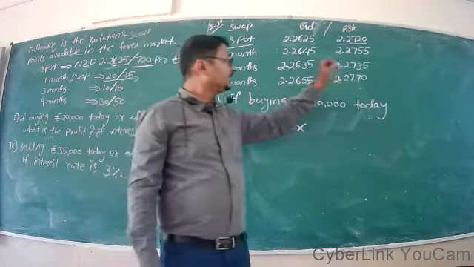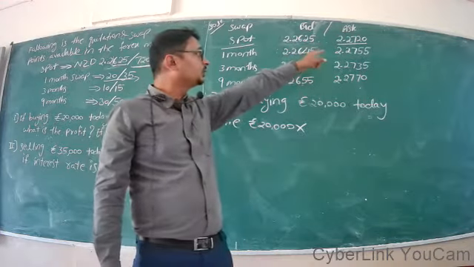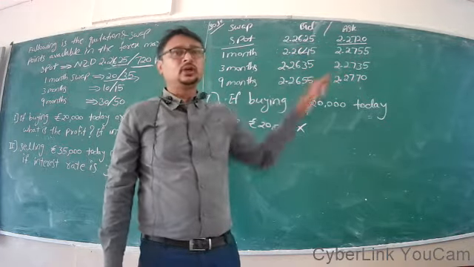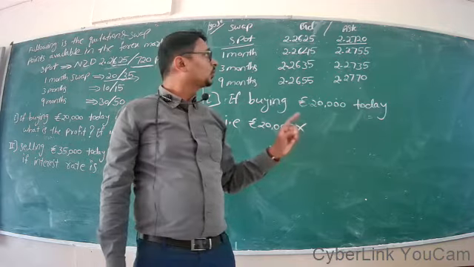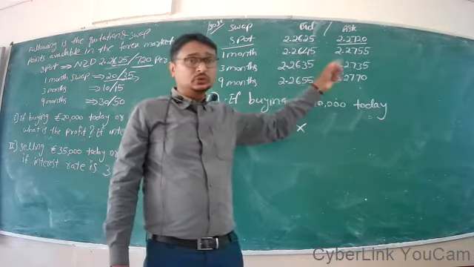So the market is selling each euro at New Zealand dollar 2.2720. For 1 euro, you have to shell out 2.2720.